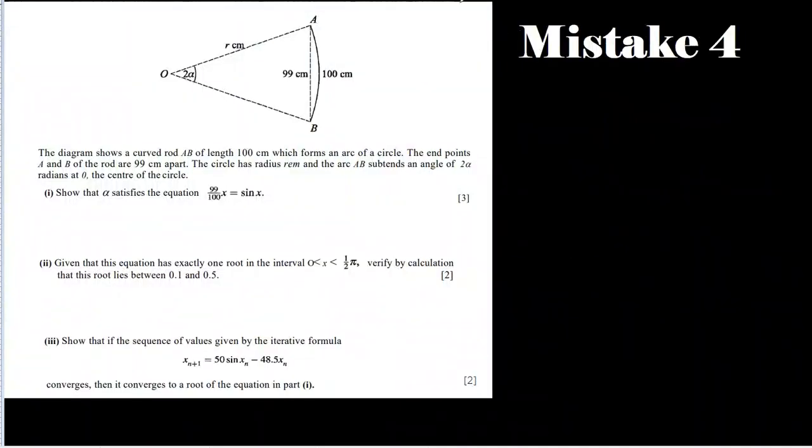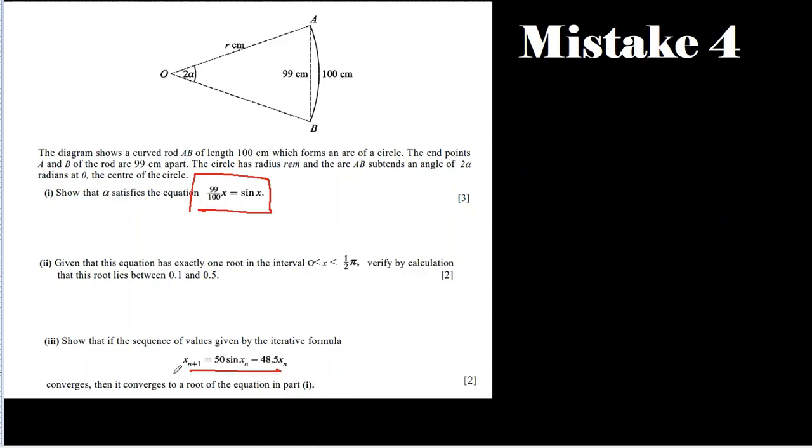Number 4 happens in these kinds of questions where you have a formula in the first part, and in some other part they say show that the sequence of values given by the iterative formula, this one, converges to these roots, whatever root you got from the first part.